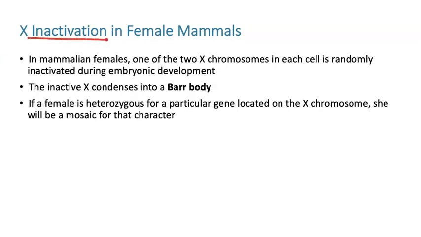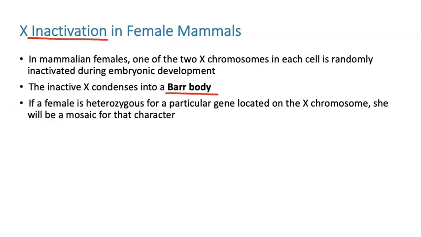We call it X inactivation in female mammals. It's inactivated during embryonic development. So we call this a Barr body. If the X chromosome becomes inactive, it condenses, it's always coiled up into this structure called a Barr body.